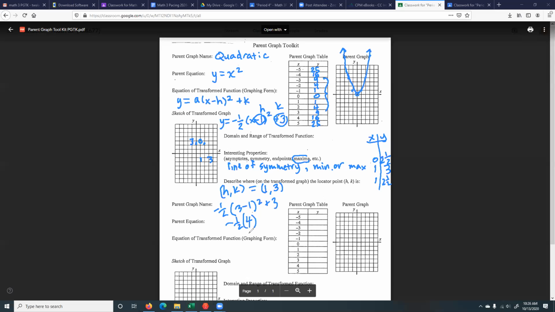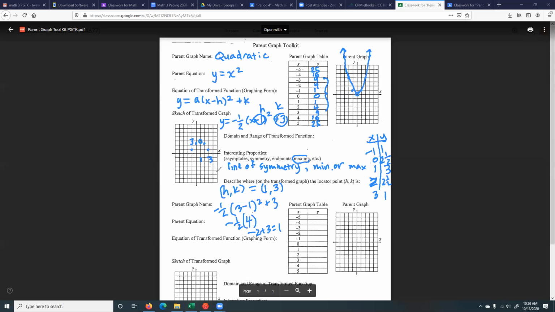Negative 1/2 of 4 is negative 2, plus 3, which equals 1. So when I plug in 3, I get 1. So that means negative 1 is also going to be 1. So 3, 1 is right here, and negative 1, 1 is going to be right here because it's symmetrical.